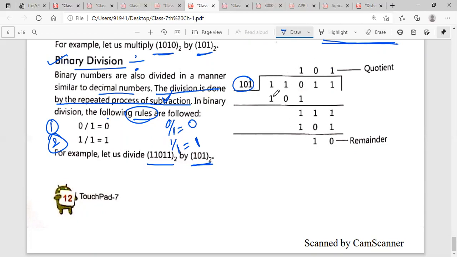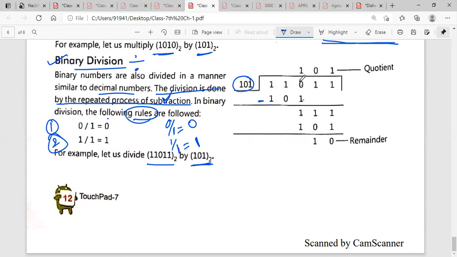Now first, 101 multiplied with 1. If we multiply with 1, then the same number will come, 101. Okay, now do the subtraction here. Now 0 minus 1 is 1.